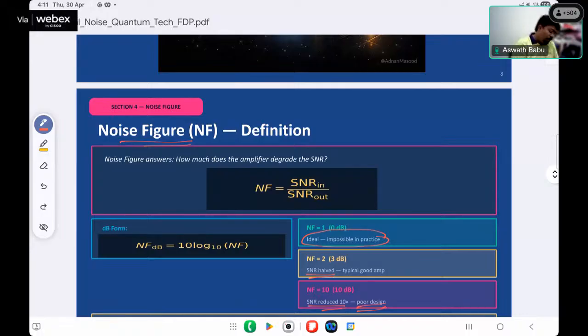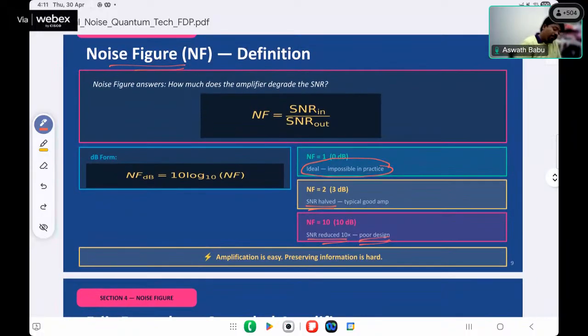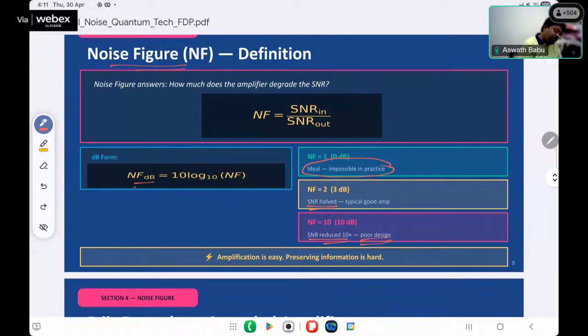Okay, fine. Again here, just like we did for SNR in decibels, you can also represent the noise figure in decibels. Same thought, 10 times log 10 of the actual noise figure ratio, SNR ratio. From there you can get, right?